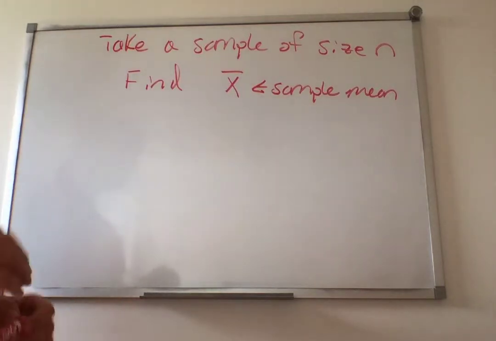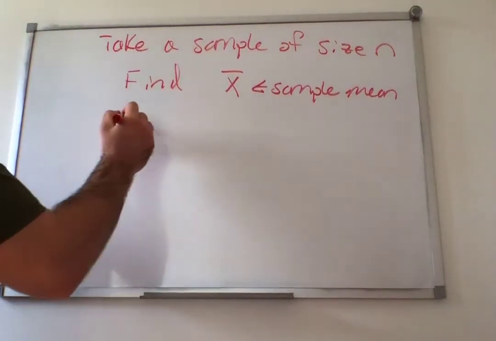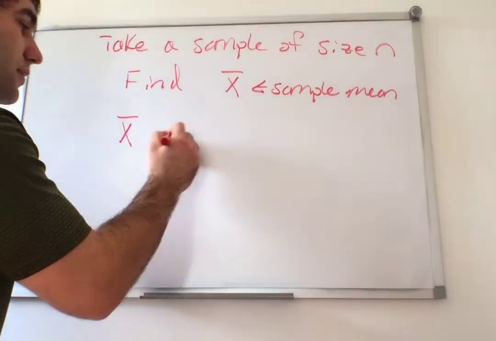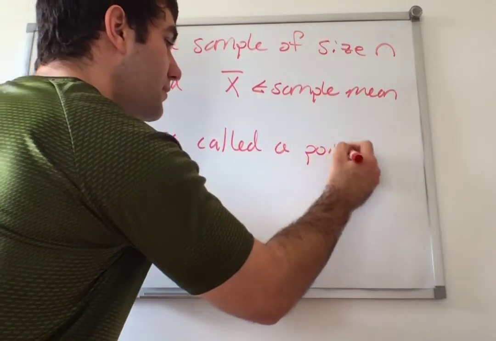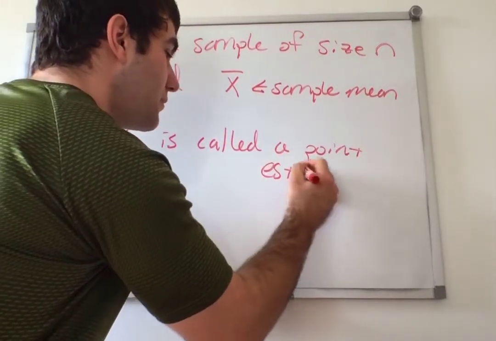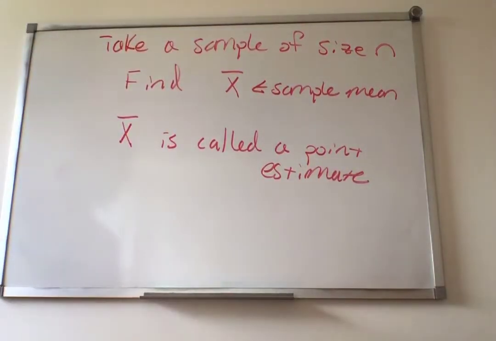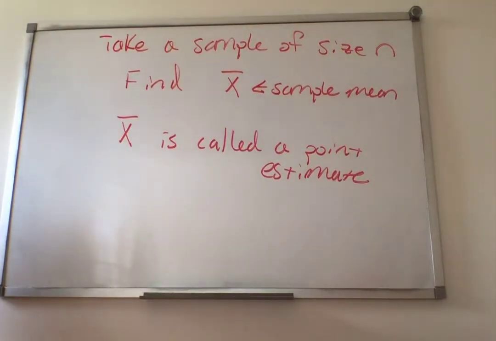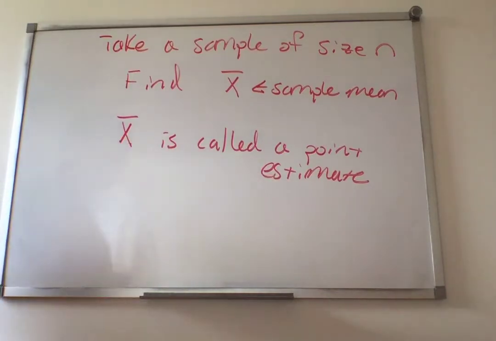Okay, it's just an approximation, and in fact, we have a name for this. X bar is called a point estimate. So it's called a point estimate, meaning it may not be the actual mean, but we have some value here that estimates about where the mean is.